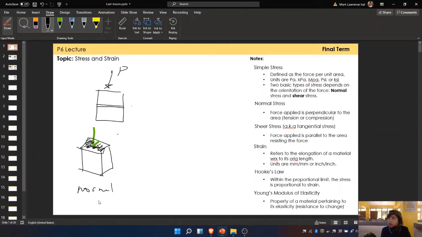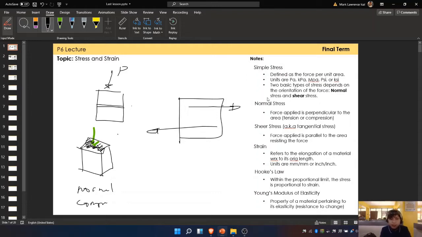Normal force. Normal stress. In this case, this is compression. On the other hand, when we say shear stress, yung force is technically here and here. Sir Ikal, kailan po ba nangyayari yan?